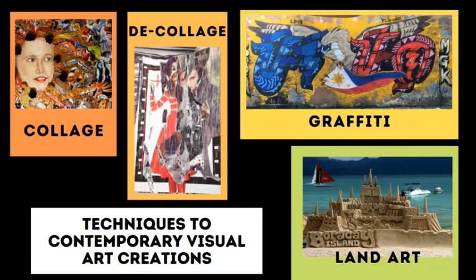For example, yung leaves, di ba? Nung makailan lang nauso yan. Using leaves, nakaka-create tayo ng mga images o yung nakaka-form tayo ng isang mukha or ng faces. Or kahit ano pa, yung pwede nating ma-form. So, that is what we call land art.